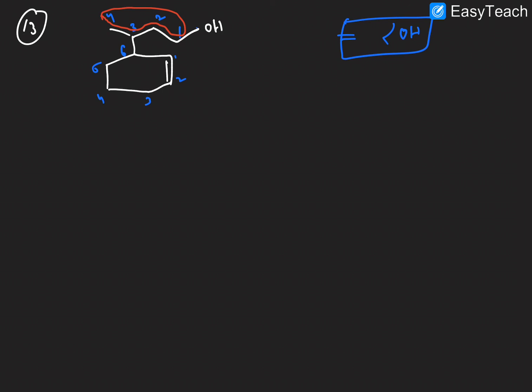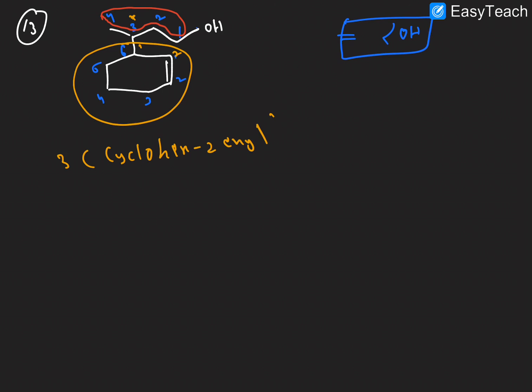So what is the IUPAC name of this compound? This is the substituent. How will we write the substituent? Which place is it? Third place. So 3-cyclohex, 6 carbons is there, and here 1 2 we can give. So the 2 place having 2-enyl, bracket close, this is the substituent.